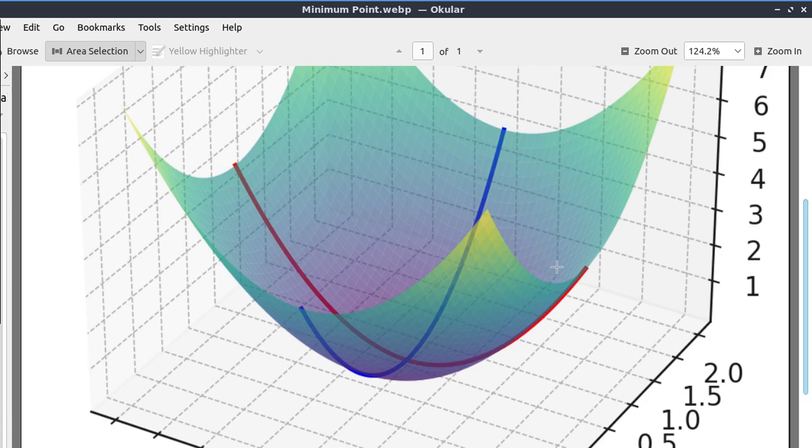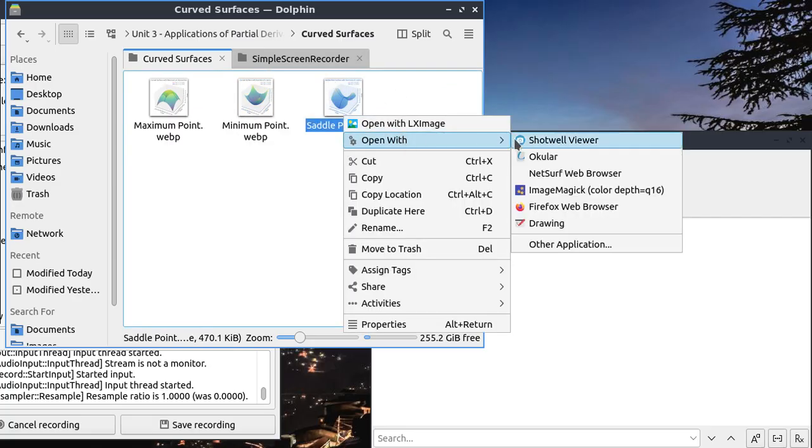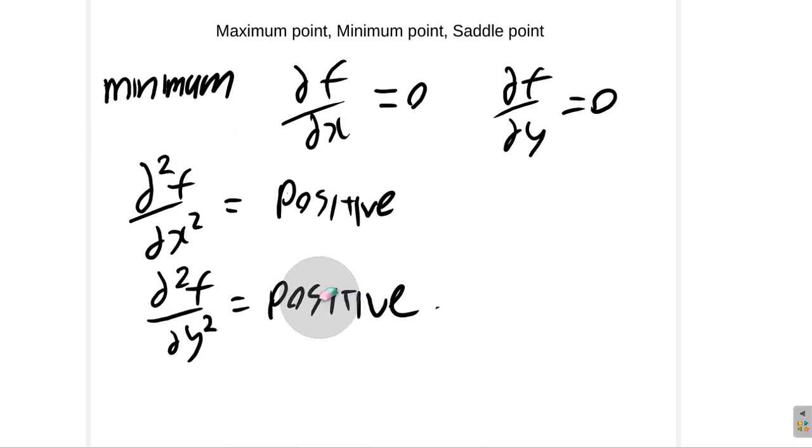Now, you also have another case, that is a saddle point, when one of these is positive and the other is negative.